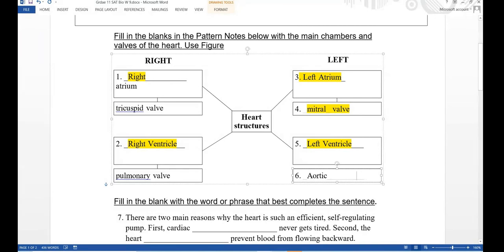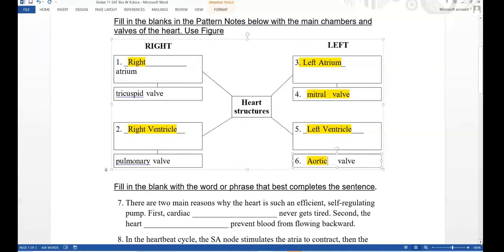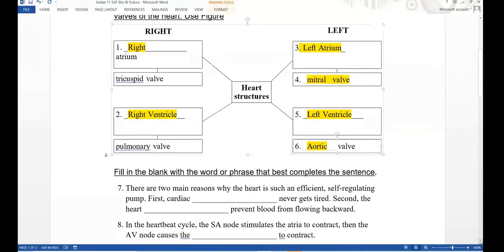Okay, aortic valve is the answer to number 6. So these are the answers for question number 1 to 6. Clear, girls? Did you all copy down? Yes, miss. Okay, let's move on to question 7. No, miss, wait. Okay, sure.